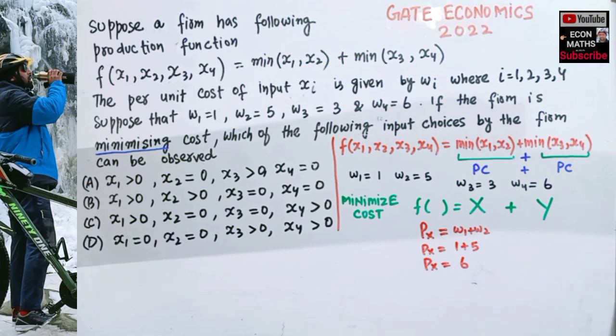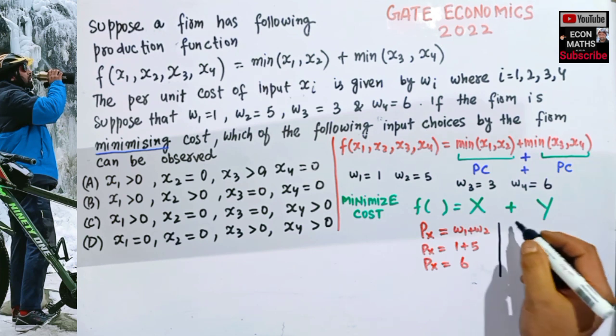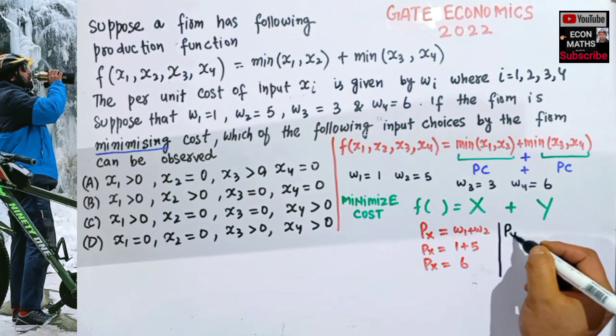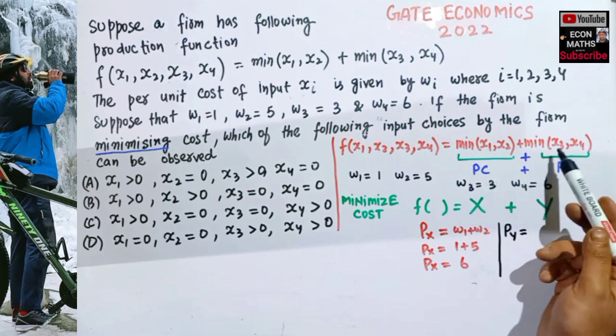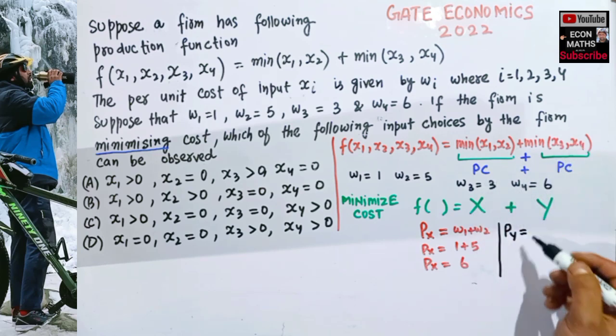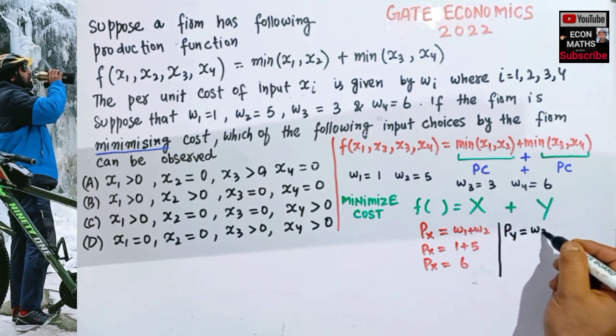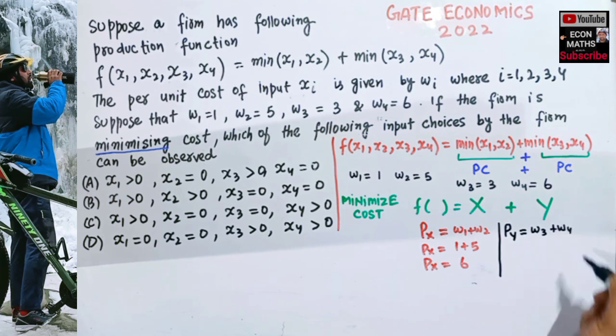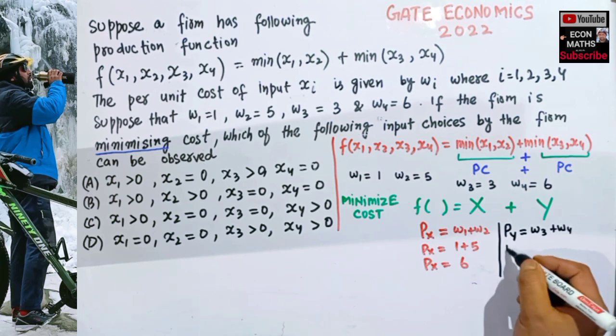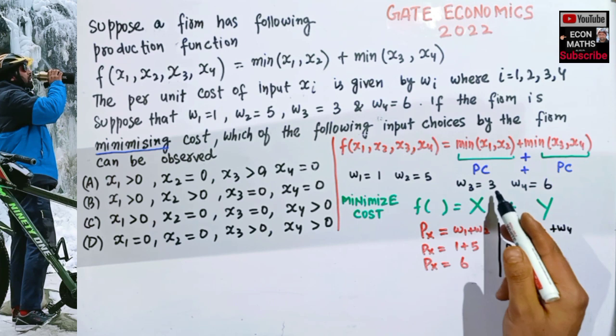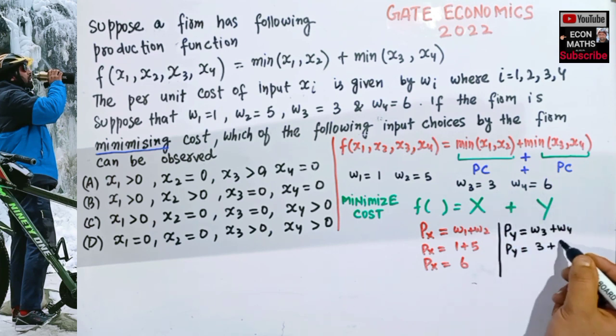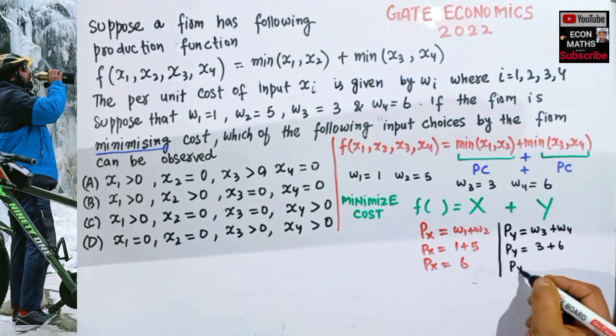And what is the cost of producing Y? Let us denote it by py. X3 and x4 are here, so the cost is w3 plus w4. So py is equal to 3 plus 6, which comes out to be 9.